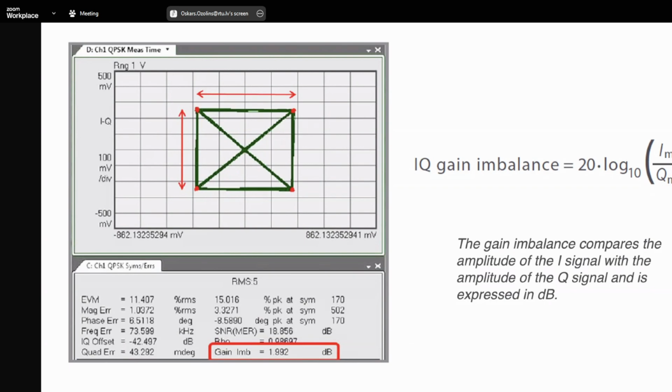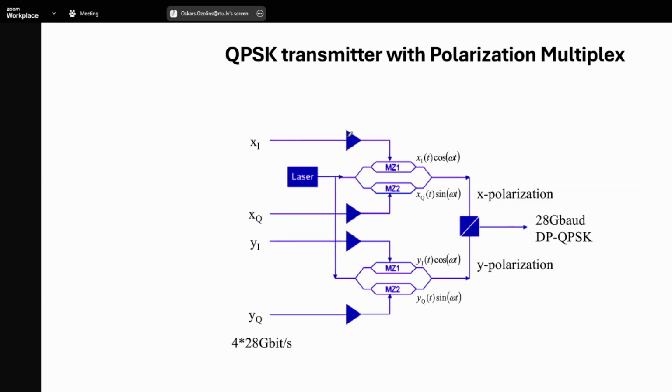For example, if the amplification or amplitude here is different than in other branches. So if we just look at I and Q, you have different amplitude on each of the Mach-Zehnder modulators. It can happen in the digital to analog converter, in the amplifier, or in the modulator design itself.